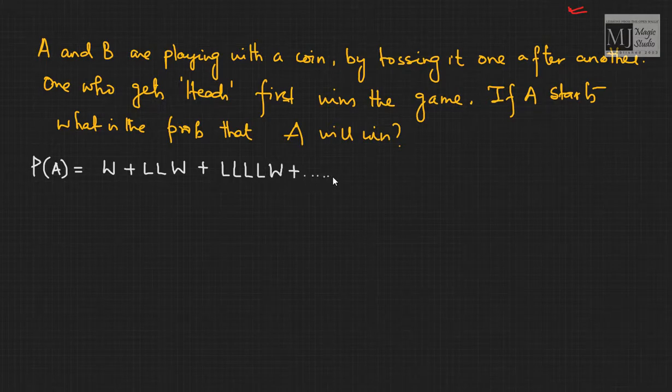So we can see that we can end up getting an infinite series where A can win in different forms. और यहाँ पर probability of anyone winning in any throw is half, and not winning, that is losing, is also half.